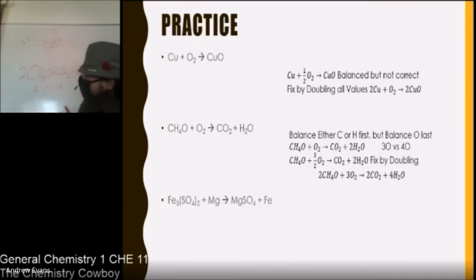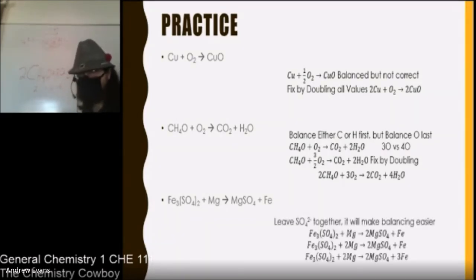What you could just say, literally, for this one, is leave the sulfate together. So I'm going to just double the amount of MgSO4. And then I double the Mg, so I matched up the Mg. Now, the last step, I'm going to just triple the amount of iron to get that to work.